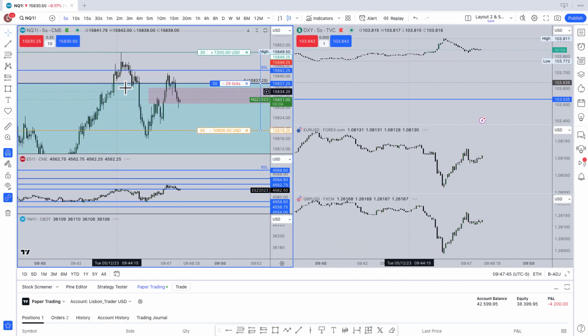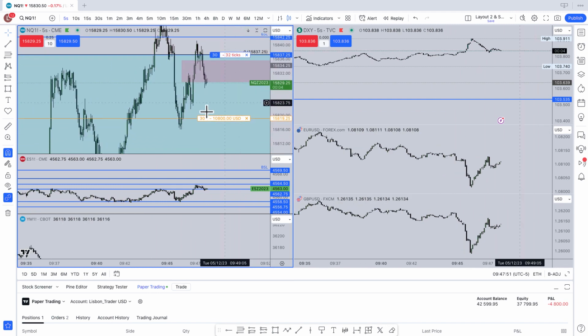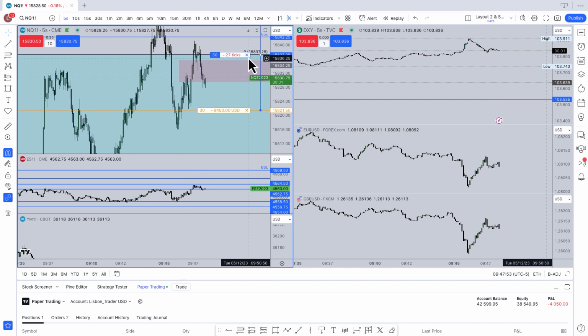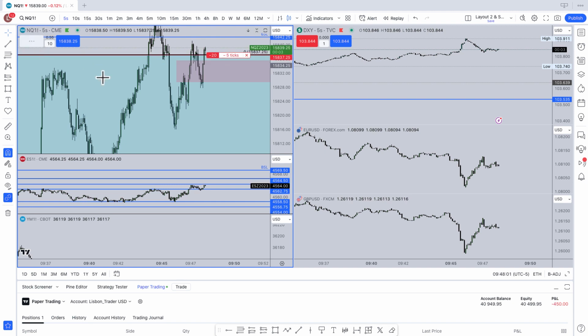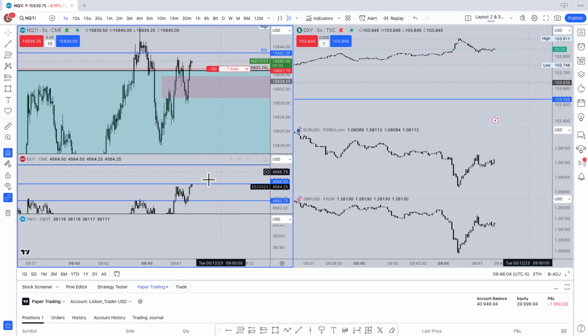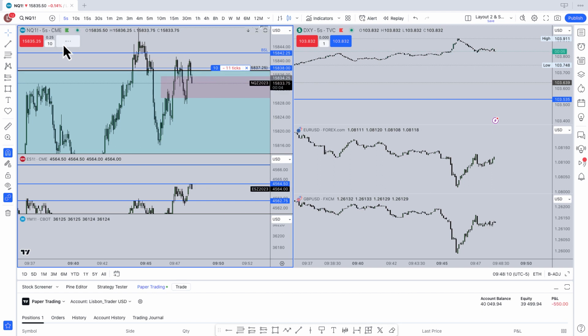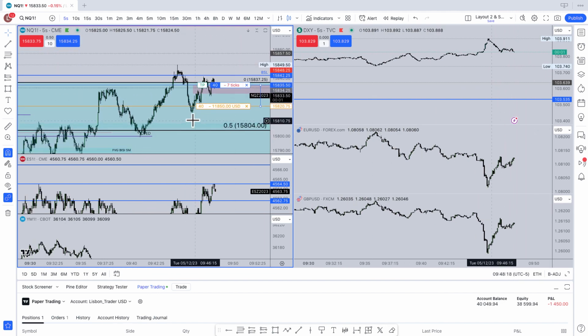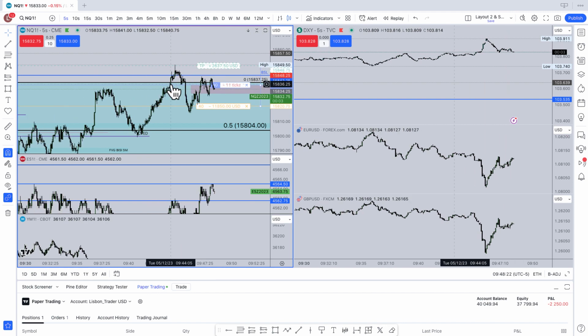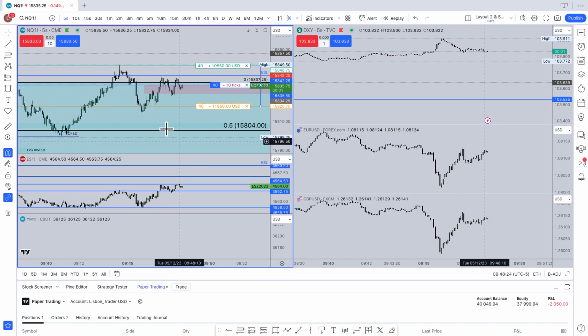Edit it on 50 seconds, so there's a clear FVG. It's taking. It's going higher.